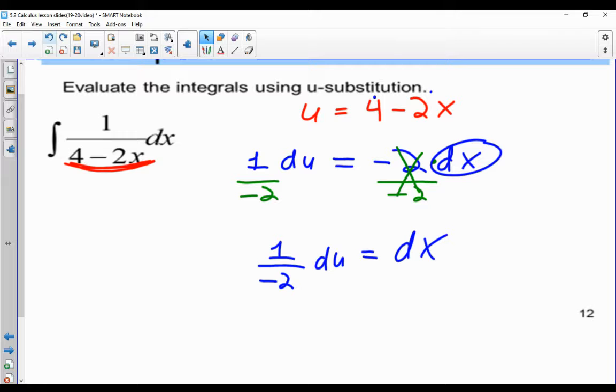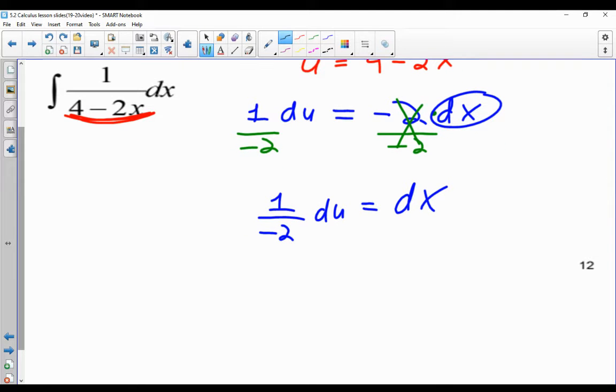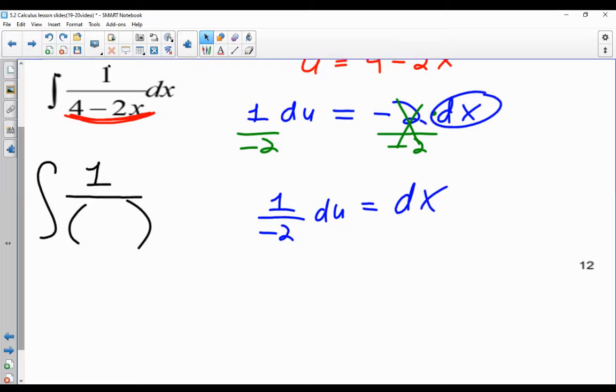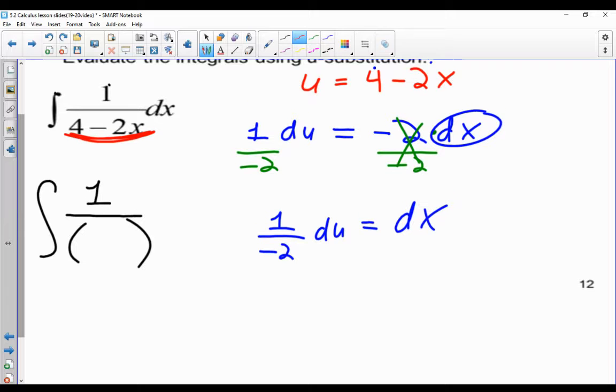All right, now that we've got that situated, let's go ahead and plug some stuff in. So I kept the integral, and I didn't do anything to the 1, so I'm going to leave the 1 as it is. The bottom, however, the 4 minus 2x, I labeled as u, so I'm going to replace that with u.